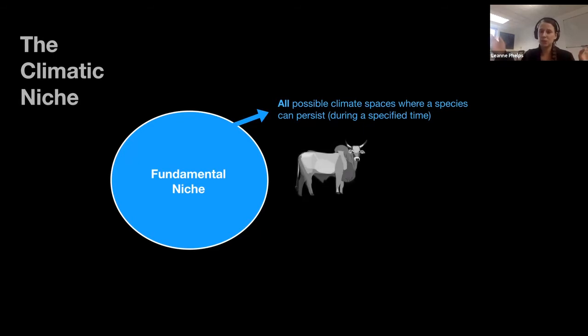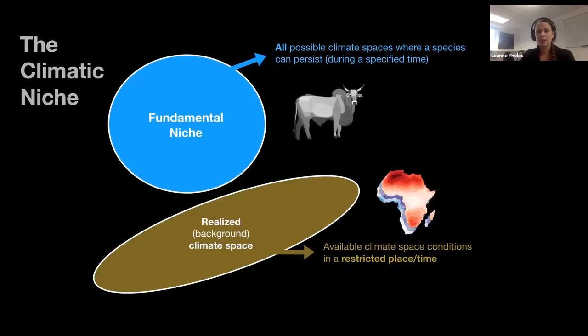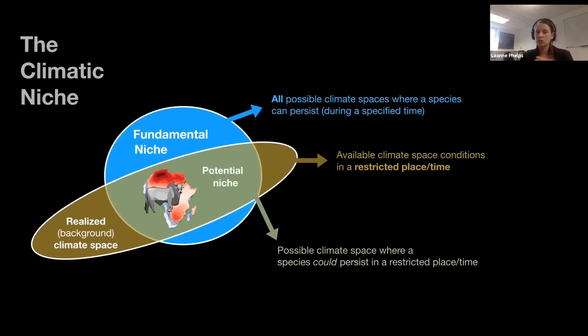And this could be anywhere in the universe that this cow could actually survive. But usually that is limited to a certain climate space. So for example, planet Earth would be a reasonable limitation. And in my case, I'm focusing on continental Africa. So when we look at the crossover between these two things, we get the potential niche, which is all of these spaces where this cow could exist in climate space that is actually available to it.